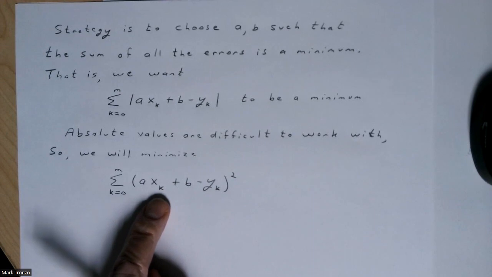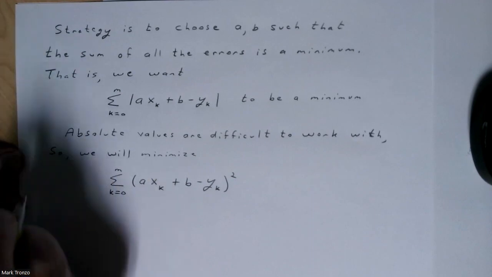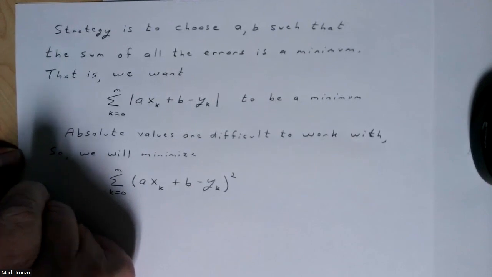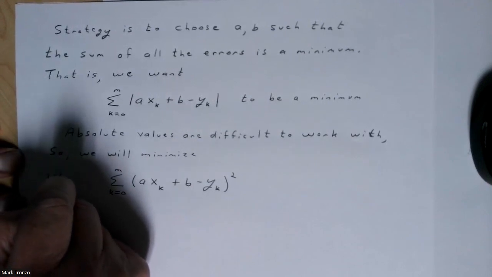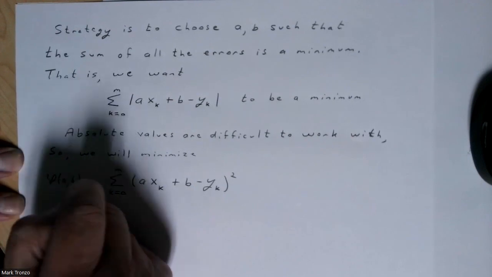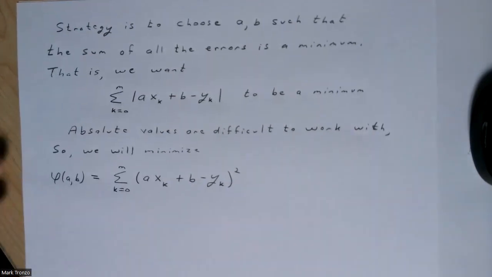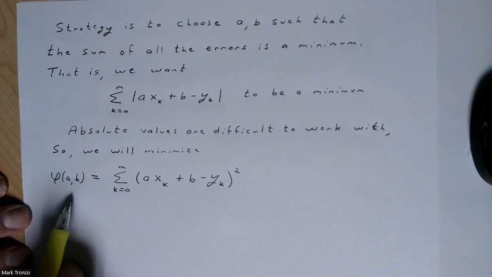And we're going to give this a name. Let me call this psi. You can really give this any name that you choose. I think the textbook that I originally used when I was doing this used psi, so we'll use this.